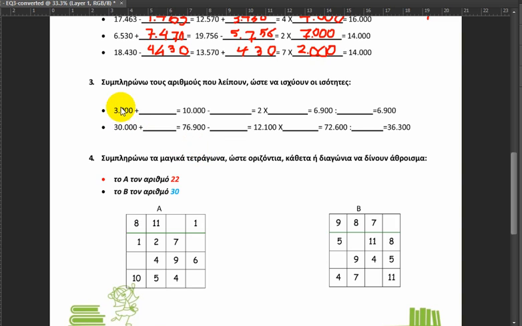So, for example, here, the difference between 3,000 and 6,900 is 3,900. Here, the difference between 10,000 and 6,900 is 3,100.